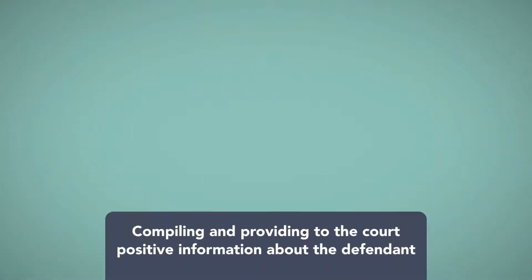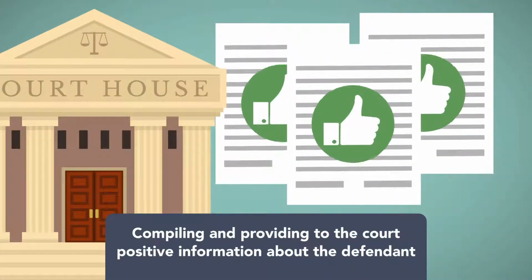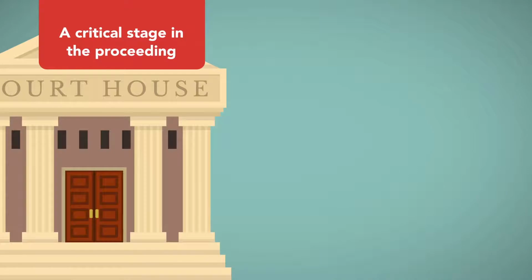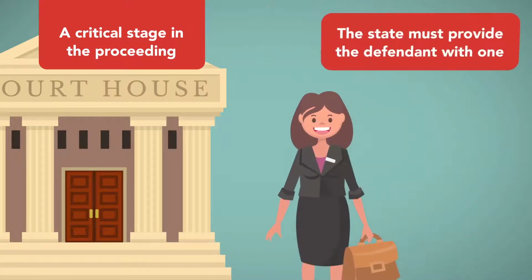An attorney can also help by compiling and providing to the court positive information about the defendant to mitigate any damaging information about the defendant the prosecution has offered. Because it's considered a critical stage in the proceeding, if the defendant cannot afford an attorney, the state must provide the defendant with one.